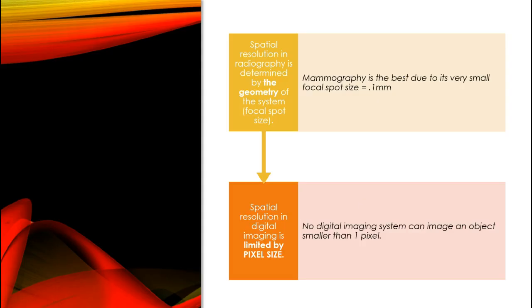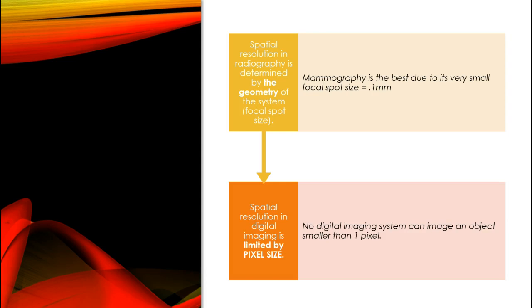Okay, moving on. Spatial resolution in mammography, in radiography is determined by the geometry of the system. Or another way of saying that is it's determined by the focal spot size, okay? Mammography is the best due to its ability to have a very small focal spot size, 0.1 millimeter.